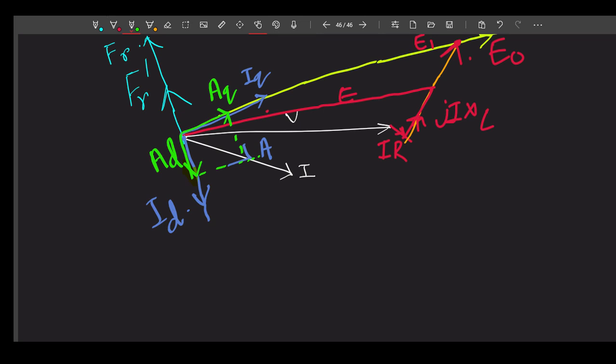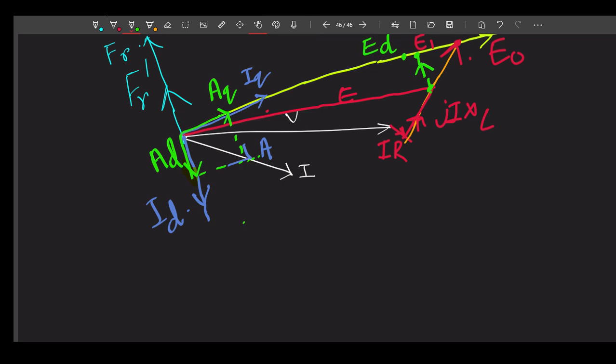Now we can find out another one, that is ED. What is that ED point? If you draw a line perpendicular on this line of E1 or E0, from the tip of jXL, then you can find out your direct axis voltage.